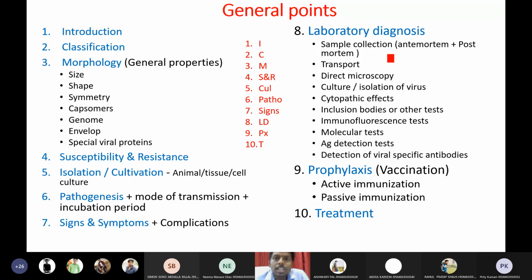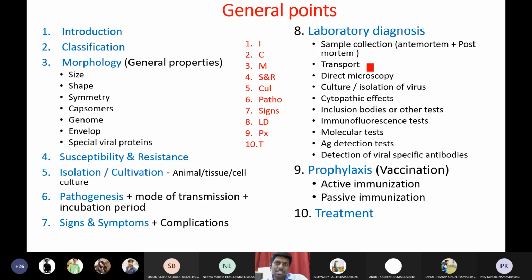In the lab diagnosis you will write sample collection, then transport of sample, and direct microscopic techniques, where you can write immunofluorescence or any test. Then how to culture and isolate the virus, what culture media you can use, what cytopathic effect and inclusion bodies are shown by the virus, for example poliovirus, how to detect it in immunofluorescence and molecular tests, how to detect antigens, and how to detect viral specific antibodies in the patient.